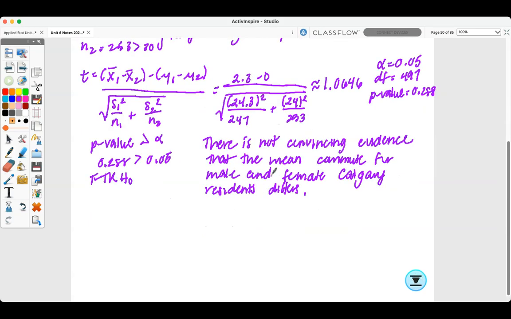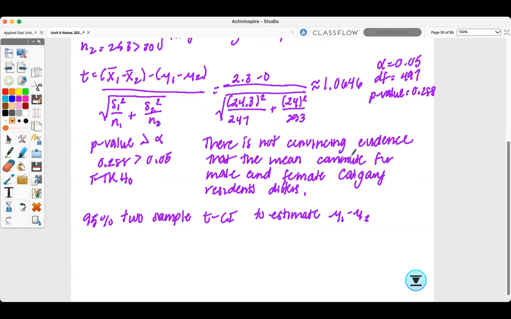So now let's go ahead and find our confidence interval. We want a 95% two sample t confidence interval to estimate mu1 minus mu2.